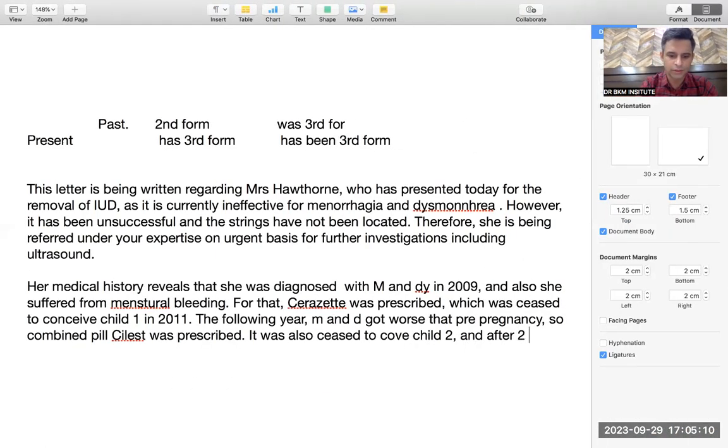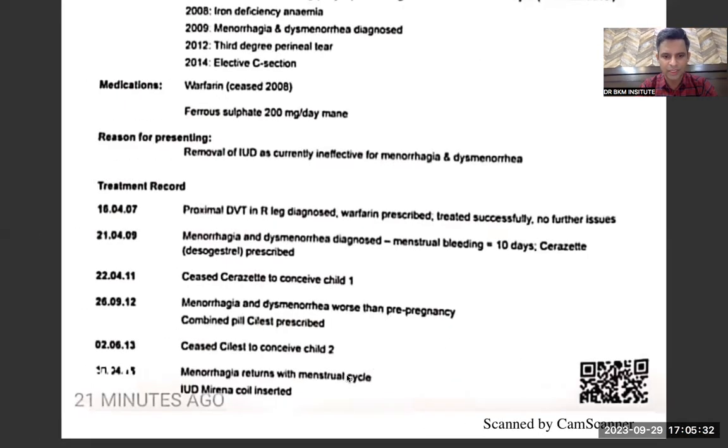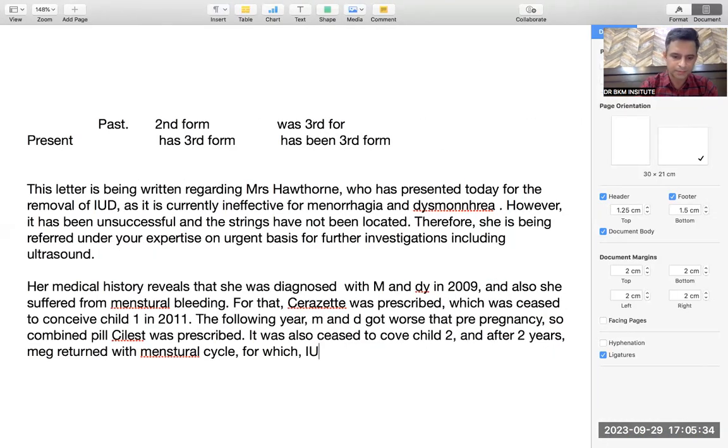So after 2 years, menorrhagia returned fast with menstrual cycle, for which IUD Mirena coil was inserted.